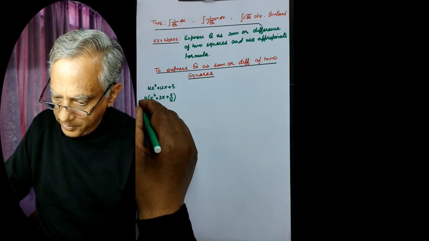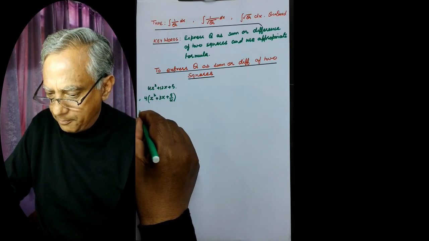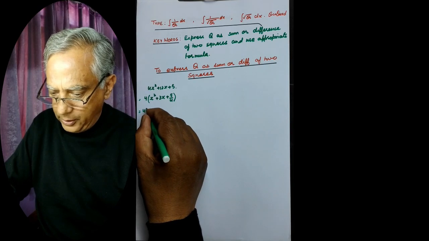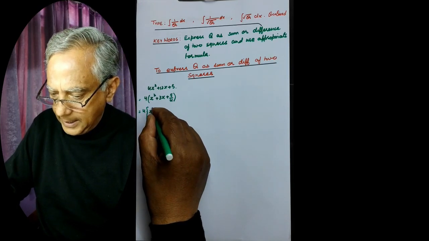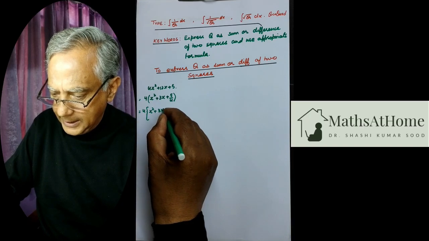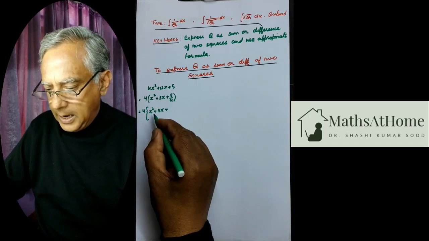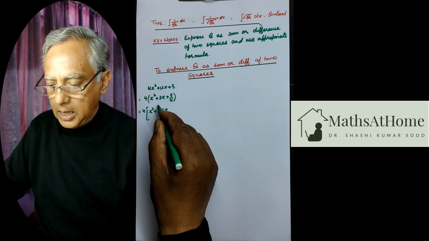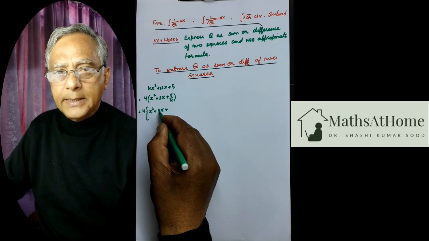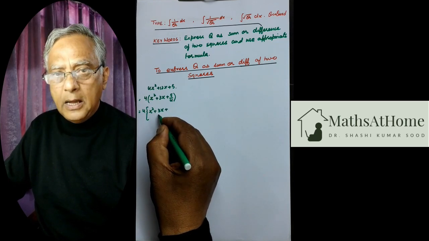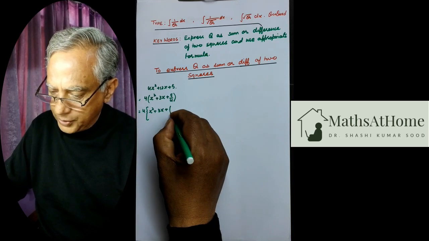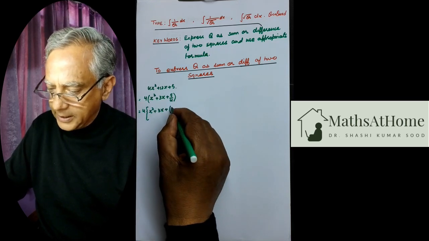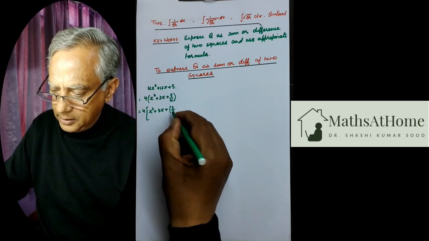Now to make this a complete square, what we do is, this is x square plus 3x, plus we add and subtract half the quotient of x whole square. Half the quotient of x is 3 by 2.